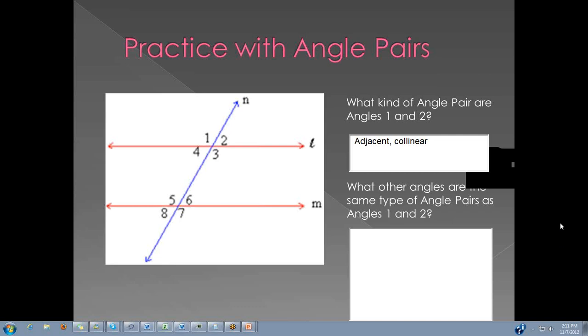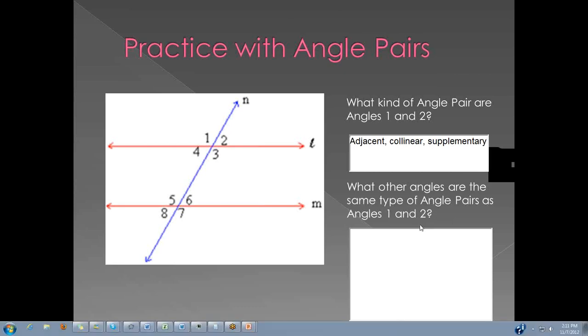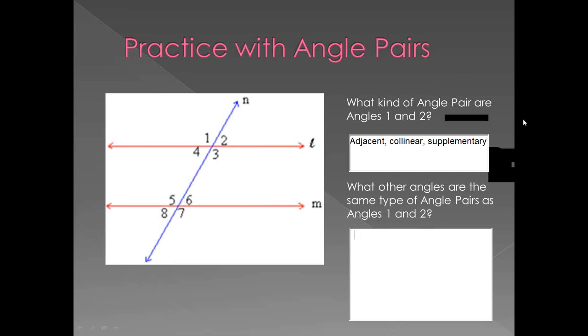Okay, I got another good answer from somebody from the first question, which is also true about them, that they're supplementary. Good job, Kiara. And a lot of you are giving me another pair of angles that are also collinear, 5 and 6, but there's more. What other pairs are also collinear?